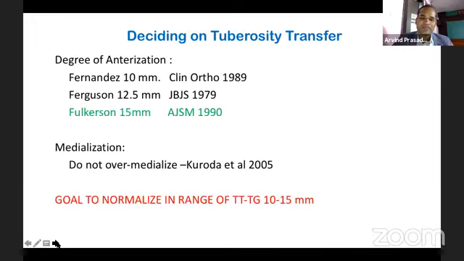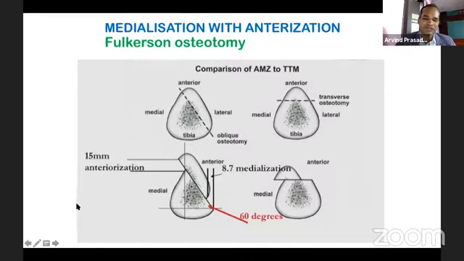Recently, medialization as well as anteriorization of the tibial tuberosity was decided. Initially it was only medialization, but now Fulkerson is a very commonly performed surgery for recurrent dislocation of the patella with increased TTTG distance, which makes the tibial tuberosity anterior as well as medial.